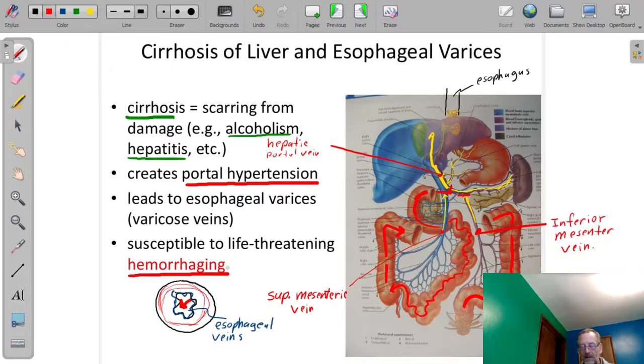It's another example of a rather miserable pathological demise from liver failure. So I hope that makes sense on what these esophageal varices are, how they form, and why they're important.